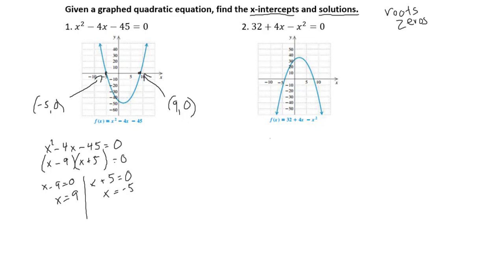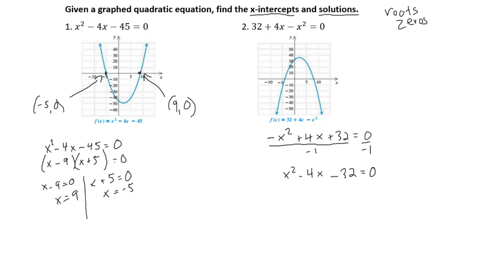I'm, of course, going to rewrite that as a negative x squared plus 4x plus 32 equaling 0. I'm going to divide out that negative 1. So now we have x squared minus 4x minus 32.